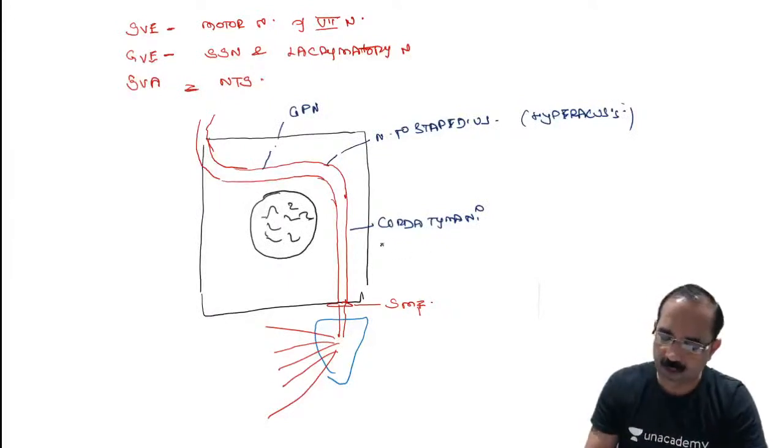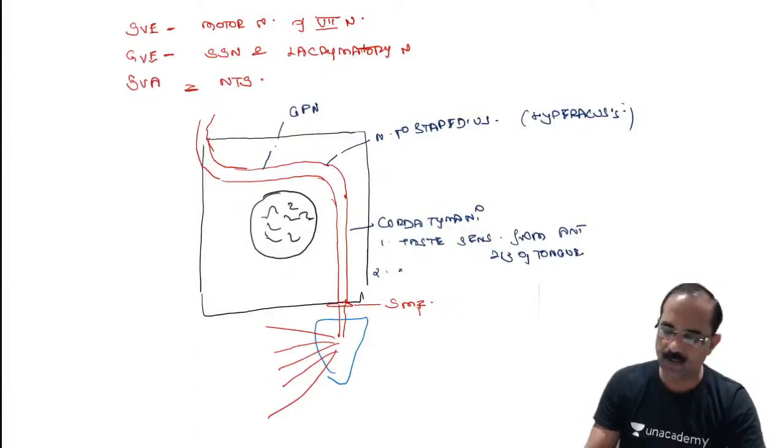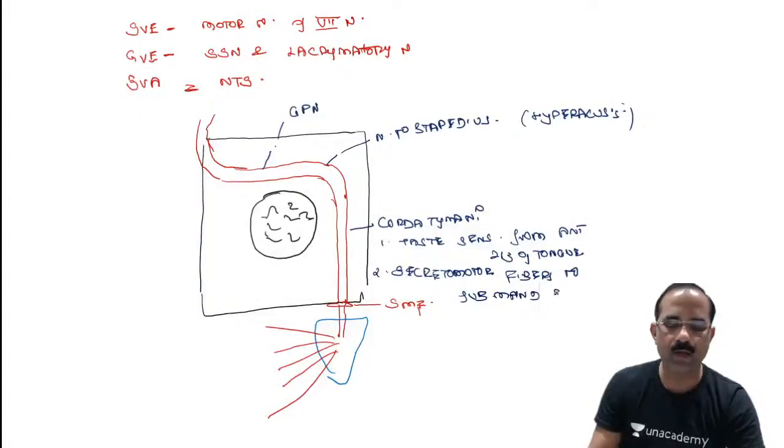Okay. What does the chorda tympani nerve carry? The chorda tympani nerve carries 2 things. One is taste sensation. I'll just write this down for you. Taste sensations from the anterior 2/3 of the tongue, and the chorda tympani also carries secretomotor fibers to the submandibular and sublingual glands.